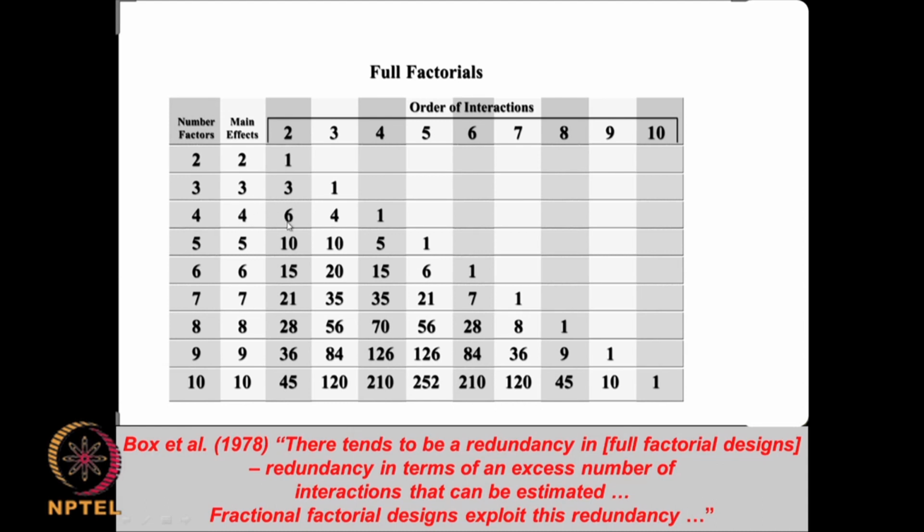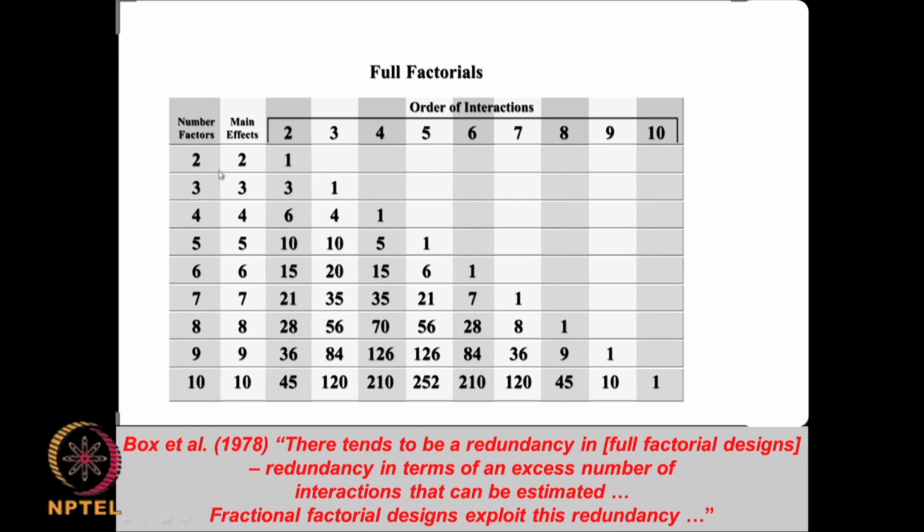In addition, we can study the 2-way interactions AB, AC, AD, BC, BD, CD, that is 6 in number, and then 3-way interactions ABC, BCD, ACD and so on, that is 4, and then a 4-way interaction ABCD.